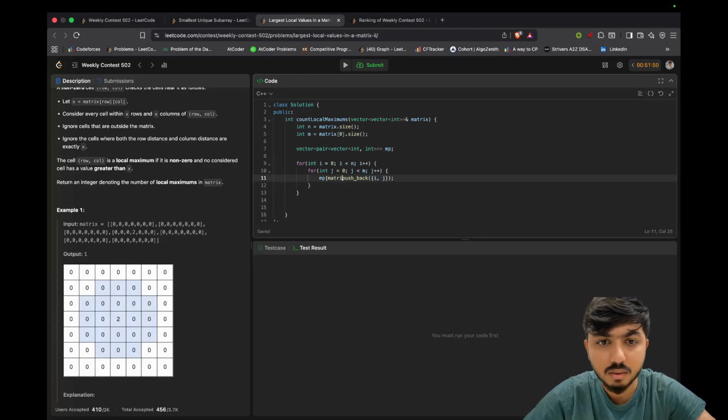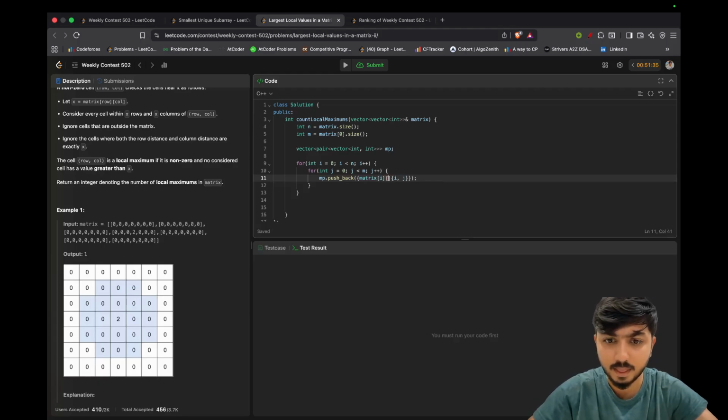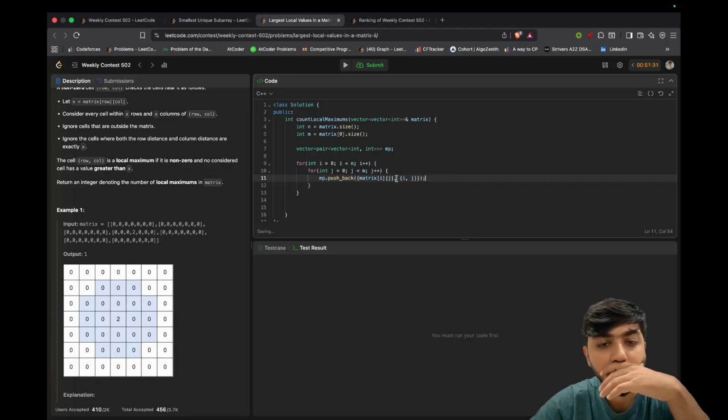Vector dot push back this, matrix of... no, not this.